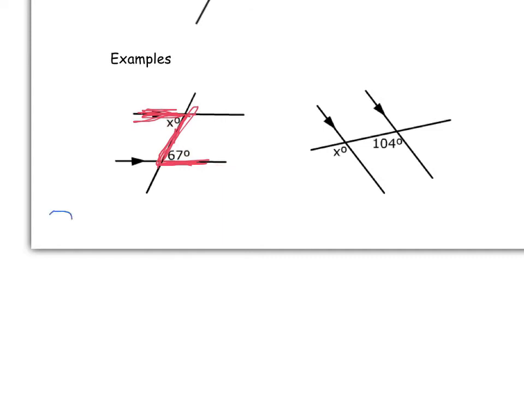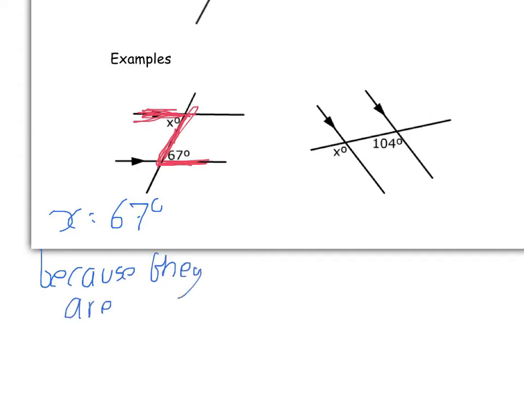So x is equal to 67 degrees because they are alternate.